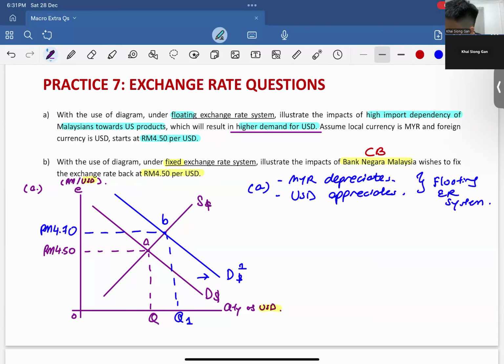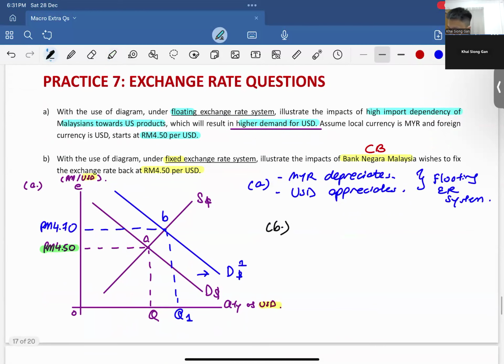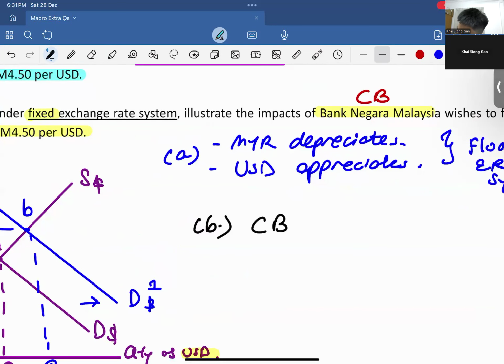All right, now question B. Under fixed exchange rate, what should the central bank do if they want to bring it back to 4 ringgit 50 cent per US dollar? Malaysians keep supplying ringgit Malaysia to buy US dollars to buy the imports, right? So the central bank should buy back.